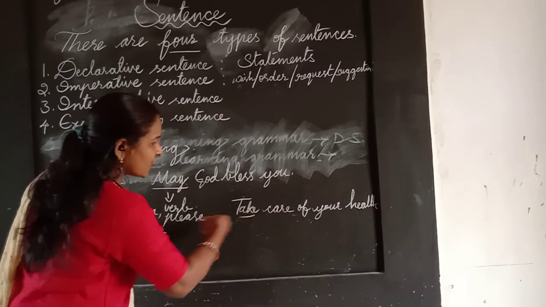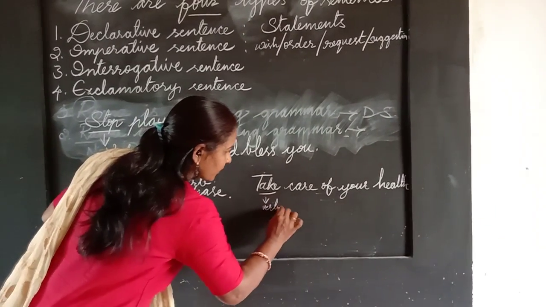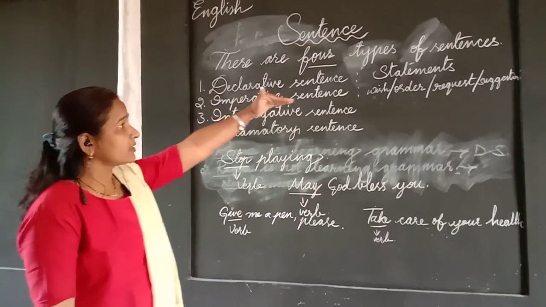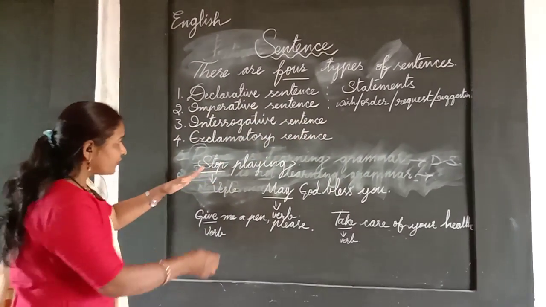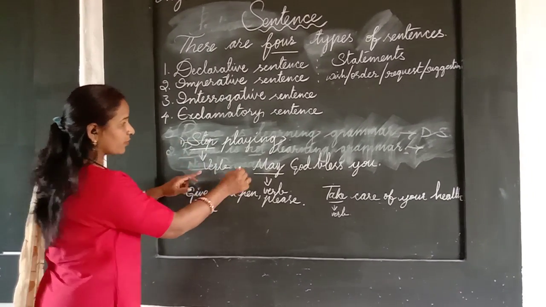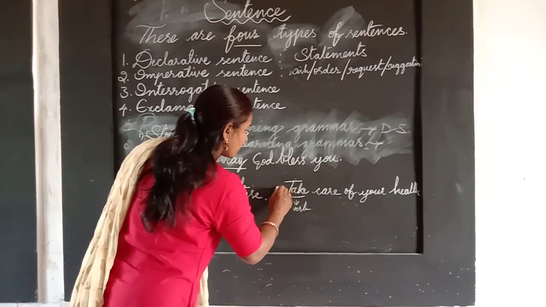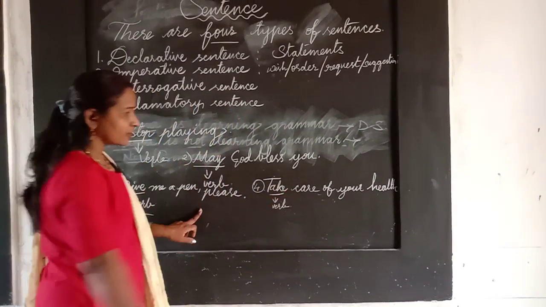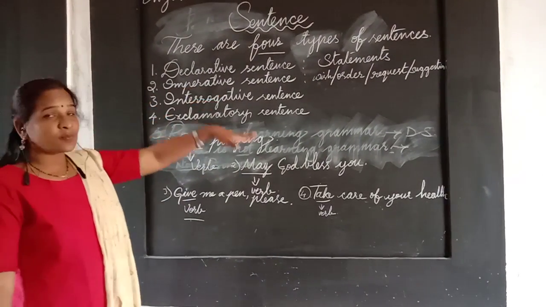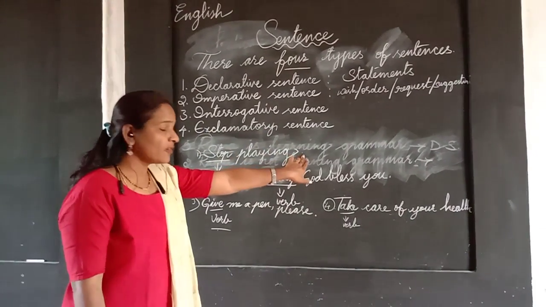When I said take care, take is also a verb. So have you observed what happened? In imperative sentences, we began every sentence with the verb. Number 1, verb. Number 2, verb. Number 3, here we started with a verb. Here, this one too we started with a verb. So what did you observe? Imperatives begin with a verb and end with a full stop.